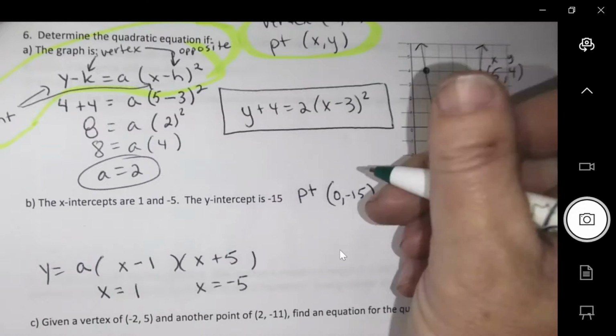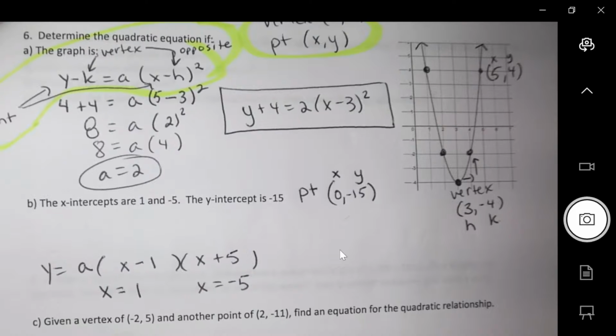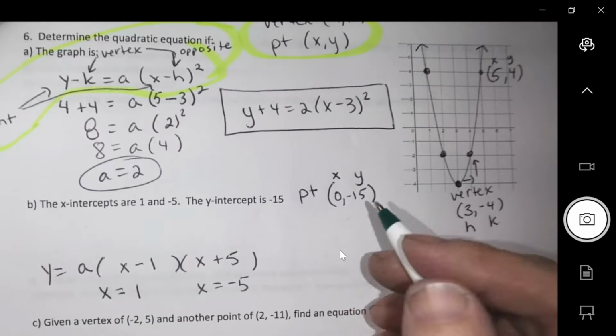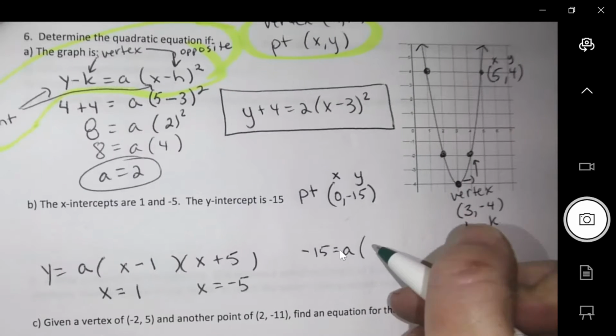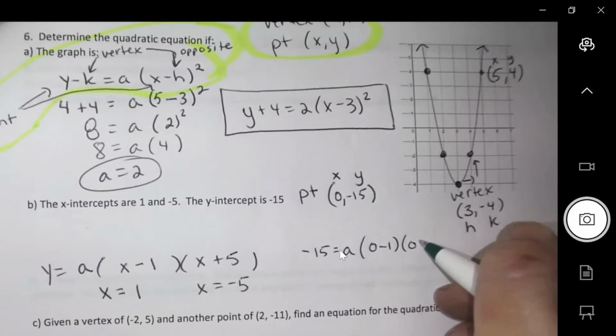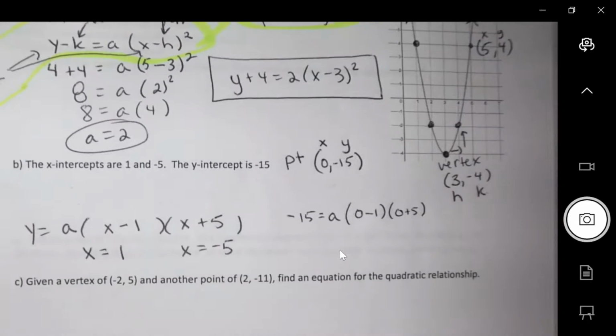So I'm going to replace the x and the y. Okay, so the x gets replaced with 0 and the y gets replaced with -15.